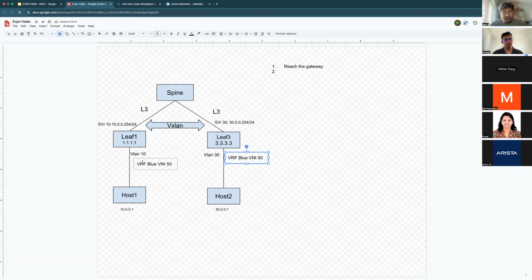Let's say now we have this configuration with VRF to VNI mapping. So how are things going to work now? On leaf 1, we have SVI 10 part of VRF blue, and on leaf 3 we have SVI 30 part of VRF blue.